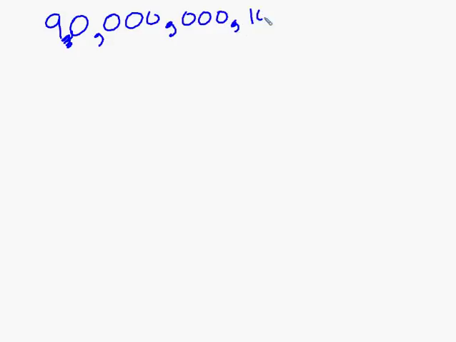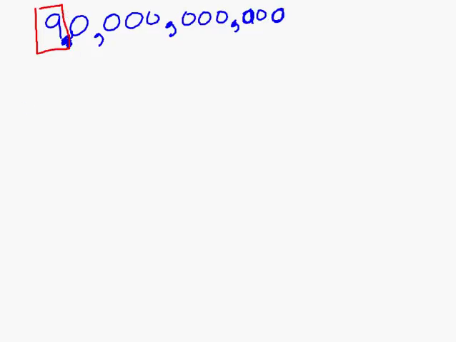All right, so let's say we have this number. I'll give you the commas. Those are all zeros. In scientific notation there's only one number, right?